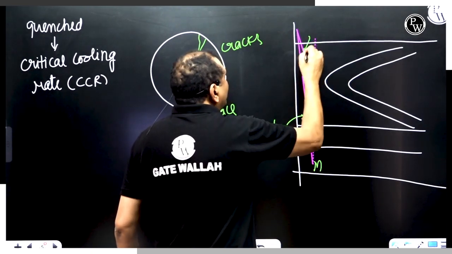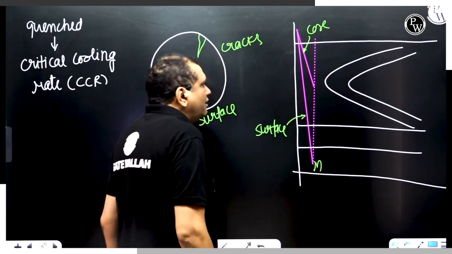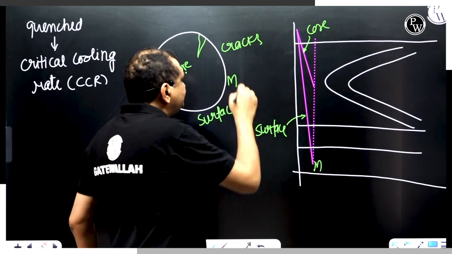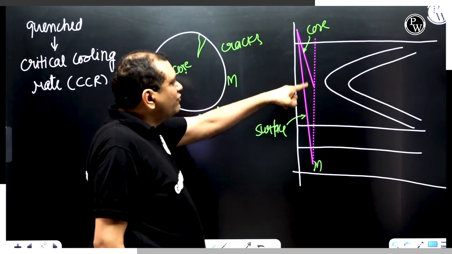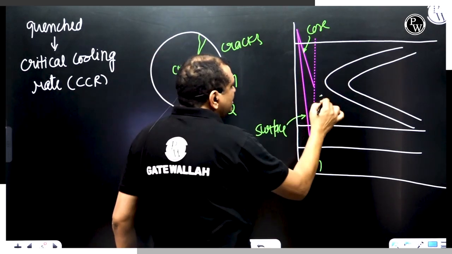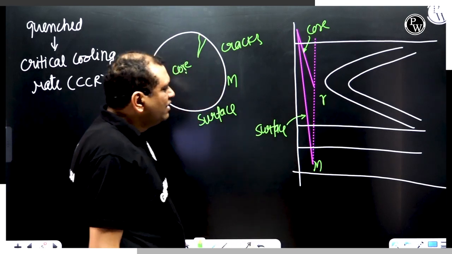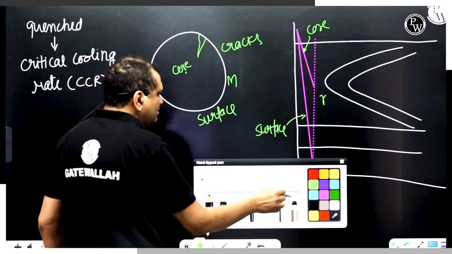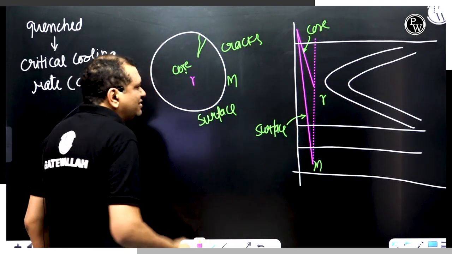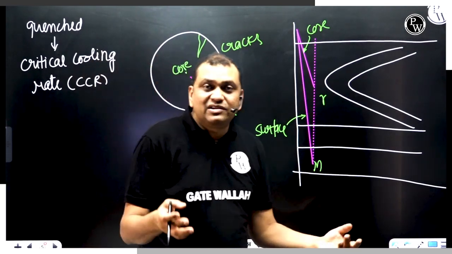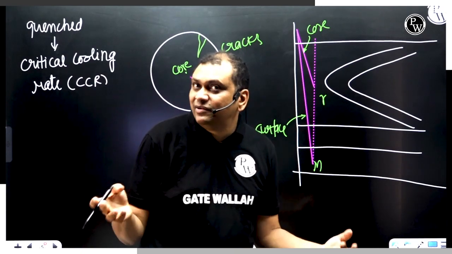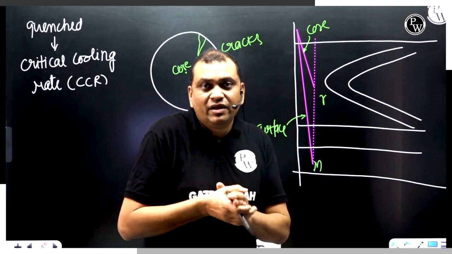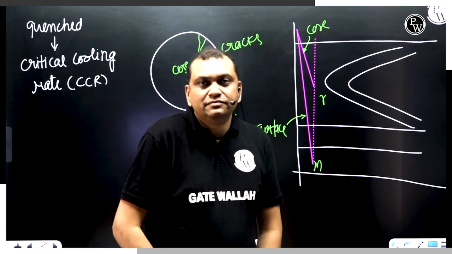When the surface was martensite, the core was still austenite, because here in this region it is all austenite, and surface and core have different cooling rates.